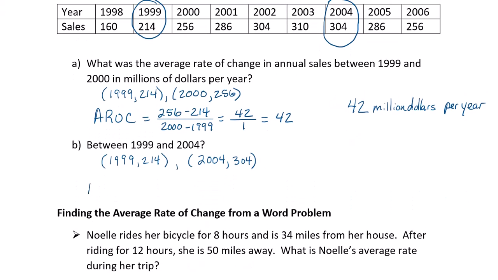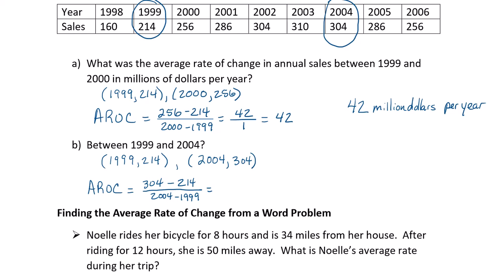We have average rate of change is equal to 304 minus 214, all divided by 2004 minus 1999.